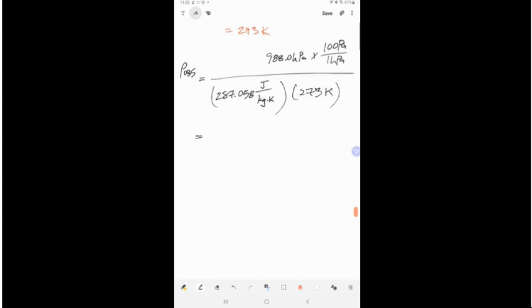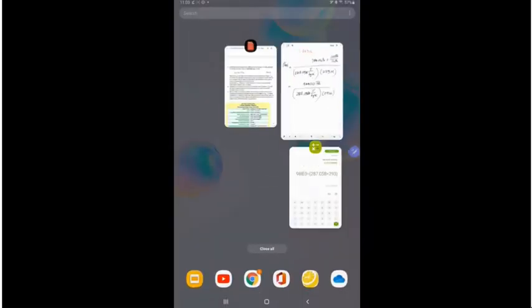So I'm going to get 98,800 pascals divided by 287.058 joules per kilogram kelvin, times 273. So nothing in the denominator has changed, and we've just increased the numerator by a factor of 100. All right, let's do that arithmetic.